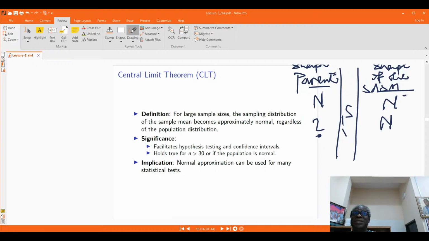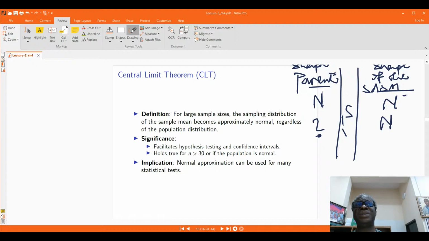Which means if you want the sampling distribution of the sample mean to be approximately normal, then you need a sample size that is above 30, if the shape of the original or parent population is not known or is not normal.